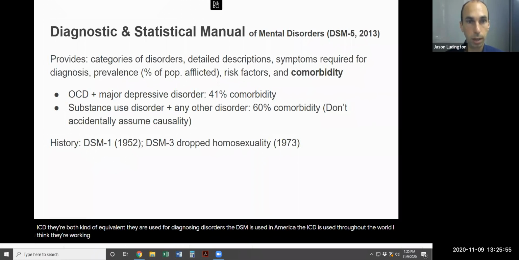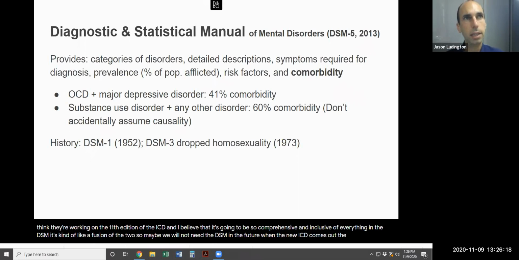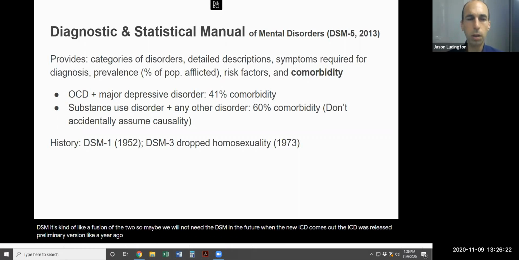I think they're working on the 11th edition of the ICD, and I believe it's going to be so comprehensive and inclusive of everything in the DSM. It's kind of like a fusion of the two. So maybe we will not need the DSM in the future when the new ICD comes out. A preliminary version was released like a year ago, but it's not expected to be in widespread use for a while.